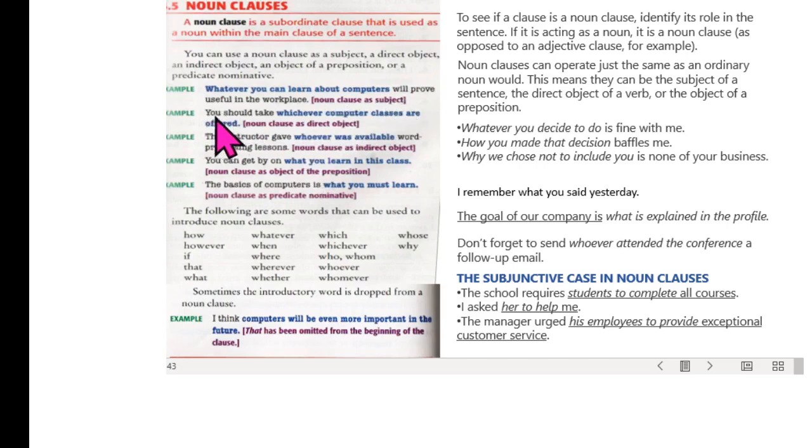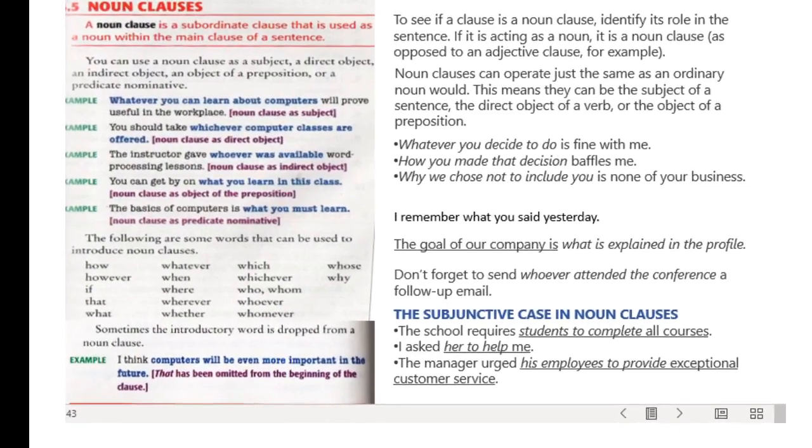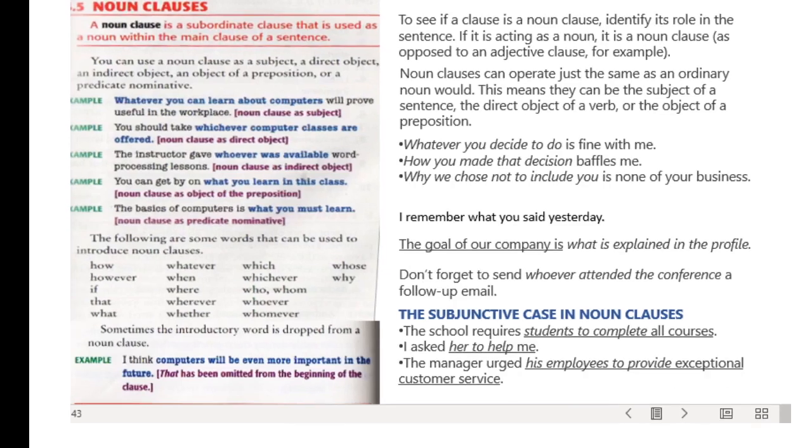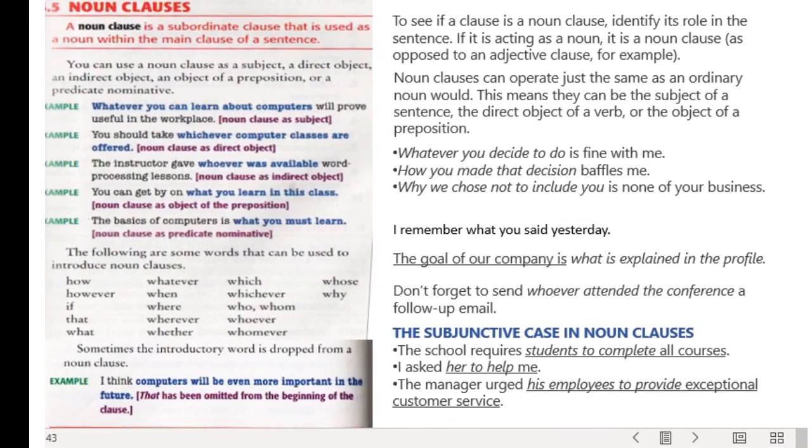Another example. You should take whichever computer classes are offered. You can take that. One thing you can use to identify the noun clauses is changing them with a pronoun. In this case, that, it, okay? You should take whichever computer classes are offered.